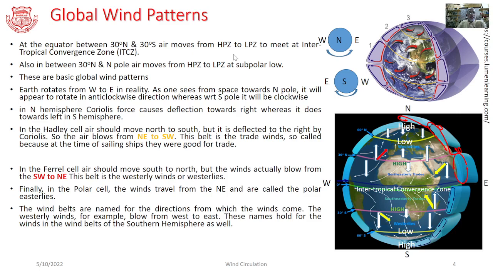So as you know, at the equator between 30 degrees north and 30 degrees south, air moves from high pressure zone to low pressure zone to meet at the intertropical convergence zone. Also, in between 30 degrees north and the North Pole, air moves from high pressure zone to low pressure zone at the subpolar low.